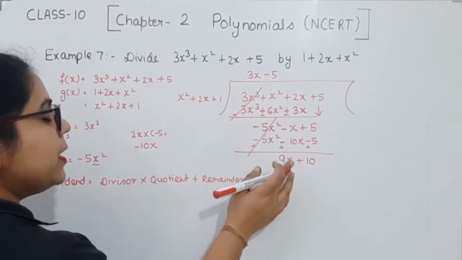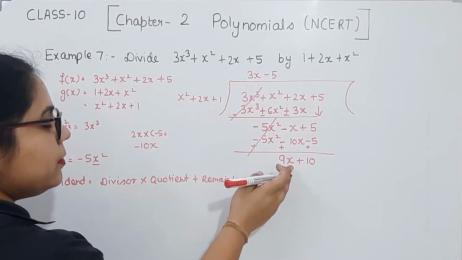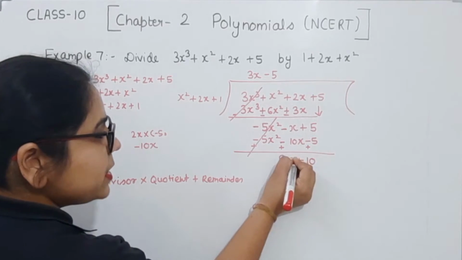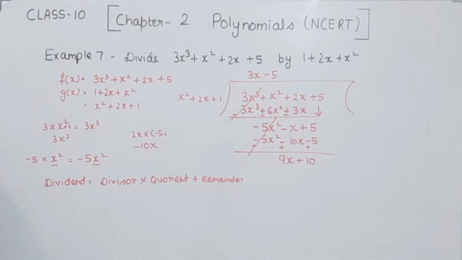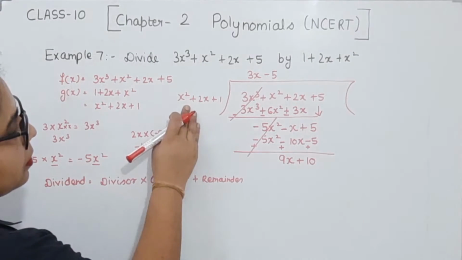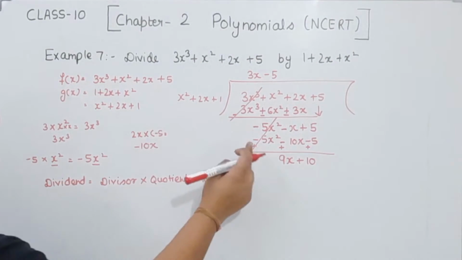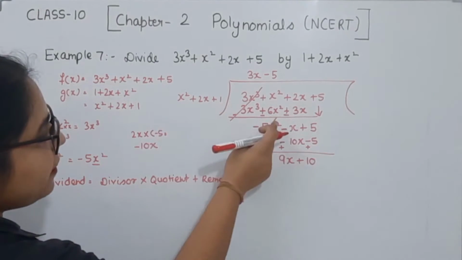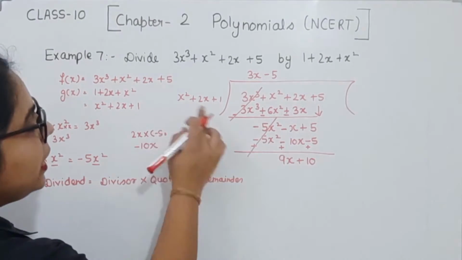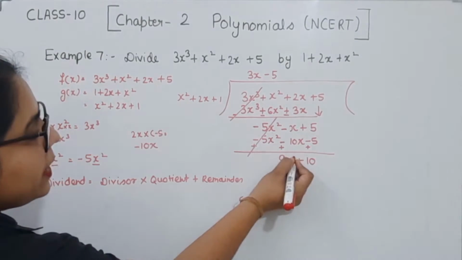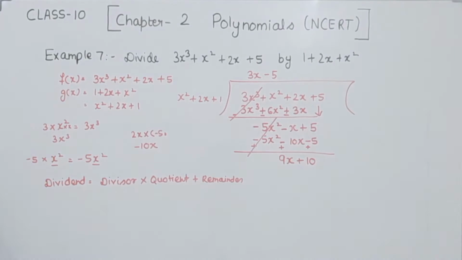Because here the degree we have is smaller than the divisor. So we stop dividing when the degree of the remainder is smaller than the divisor. If I stopped earlier, it would not be equal, so we would have to divide further. Now the degree of the remainder is smaller than the divisor, so we can stop dividing here.